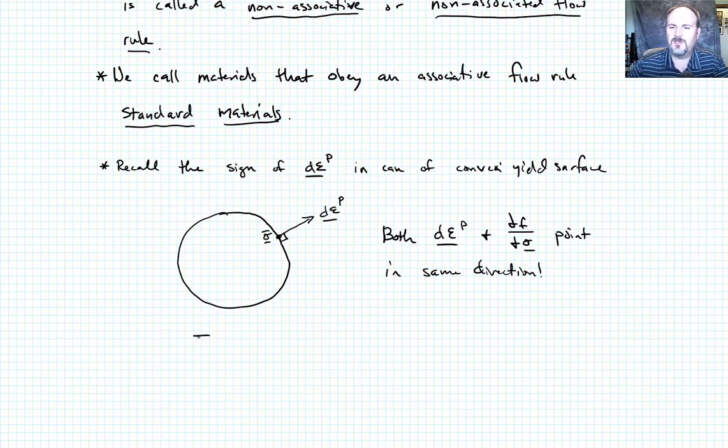The implication is that it gives us some bounds on lambda: d lambda must be greater than or equal to 0, and the same with lambda dot. If it's not, we're going to have a plastic strain increment that goes into the yield surface, which doesn't make any sense. So that's all the consequences I wanted to talk about with respect to the normality of the strain increment and how that relates to the yield function, and then we'll move from there.